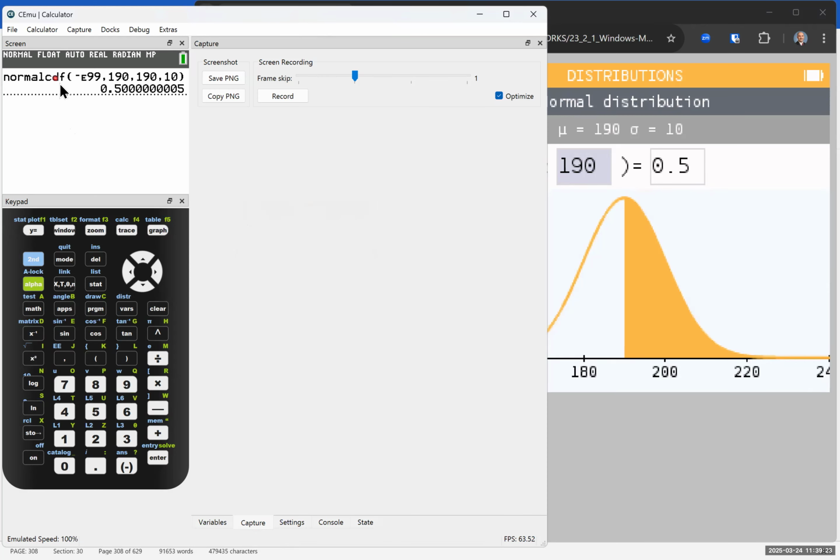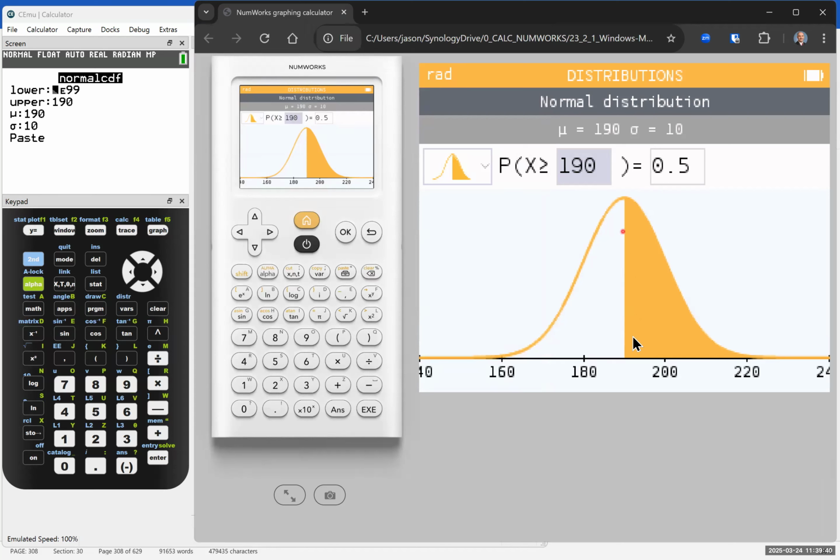I need to go back to normal CDF. All right, but now what we need is, if we look at the NumWorks calculator here, now our lower bound is 190 for this area, and the upper bound is positive infinity.